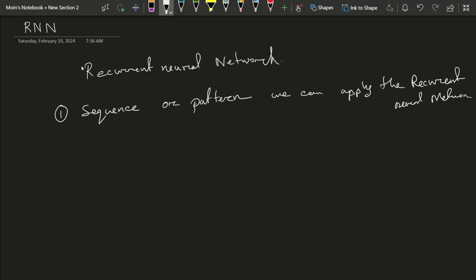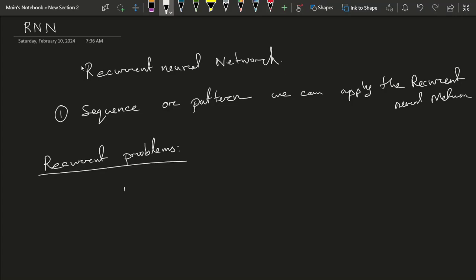So let's define some problems where we can apply recurrent neural network. So how can we identify the recurrent problems? What are they?